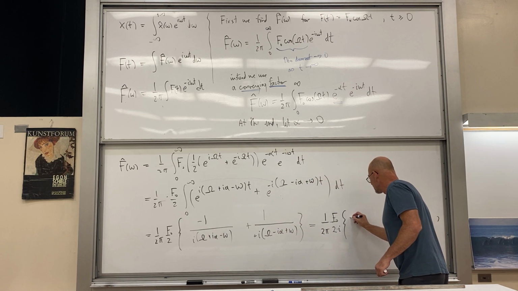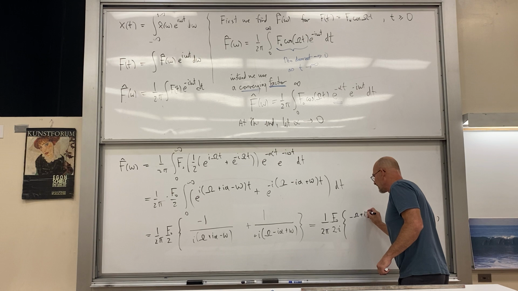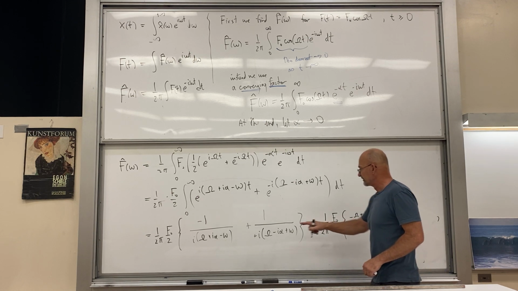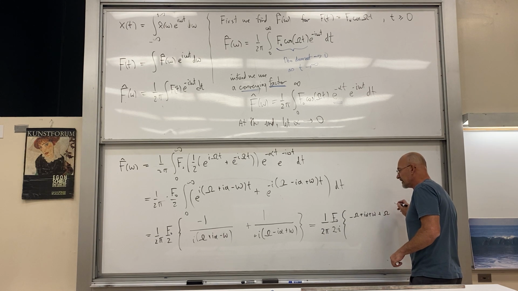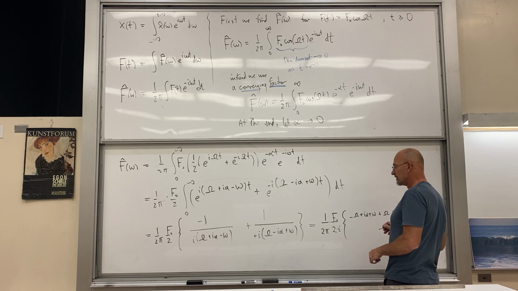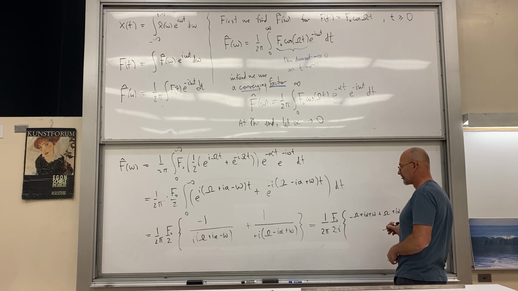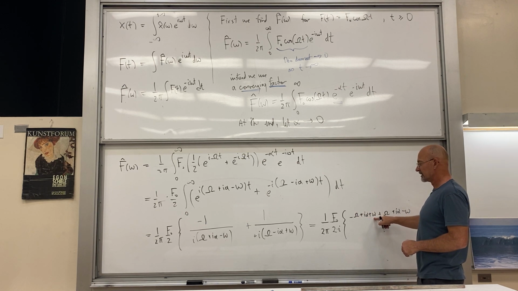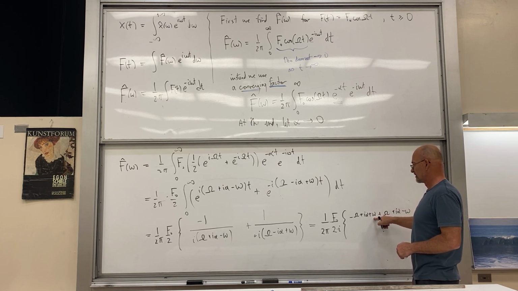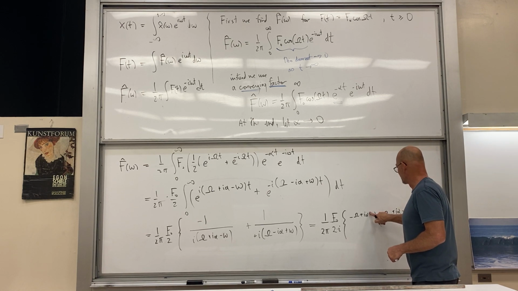I'll have minus omega plus i alpha plus omega, cross multiplying, plus omega plus i alpha minus omega. Minus omega plus i alpha plus omega. Minus omega, there we go.